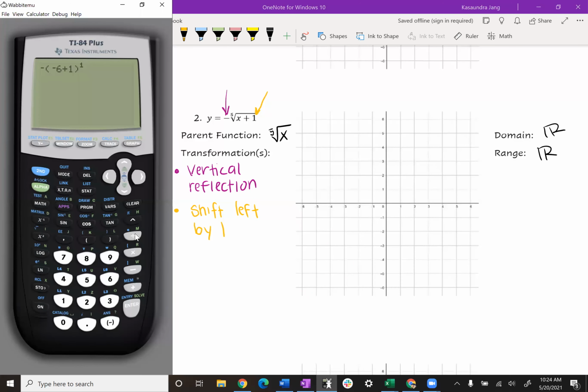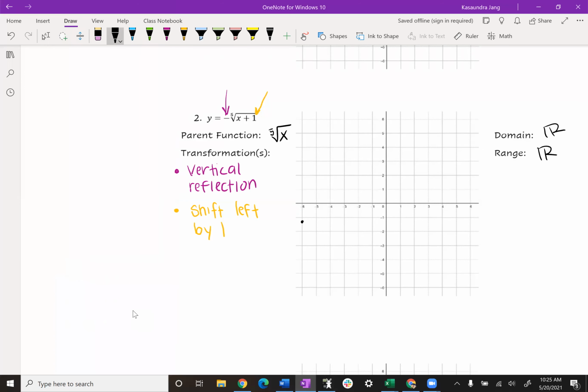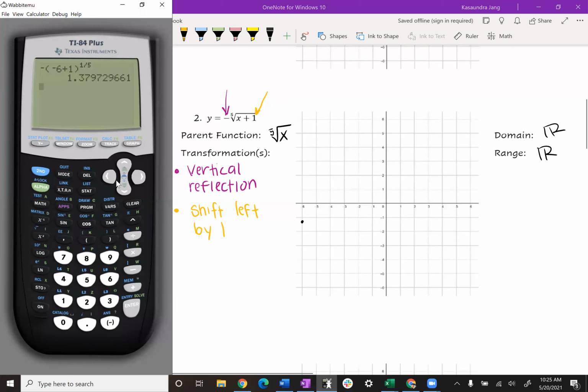So like my 1/5 exponent. All right, so at -6, I got the y value of like 1.4 if I round it. So not even 1.5, it's pretty shallow here. Then maybe I'll do like a -3. Let's check this out.